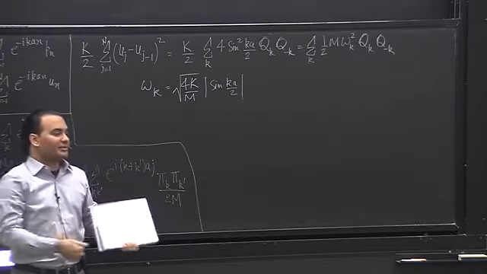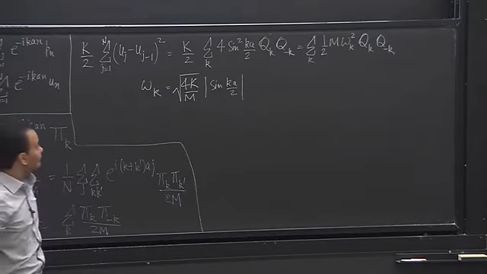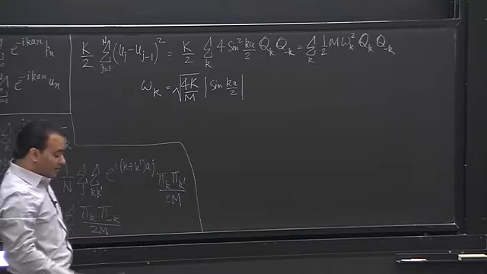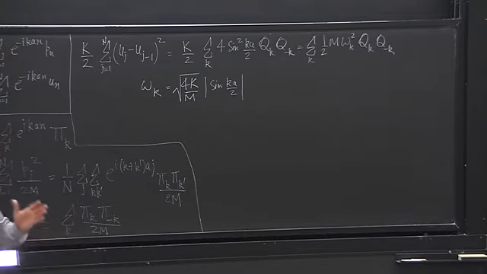This is the same as the dispersion you calculated using the classical equations of motion. So this looks extremely similar. This looks very familiar. This looks similar to the Hamiltonian for a simple harmonic oscillator.